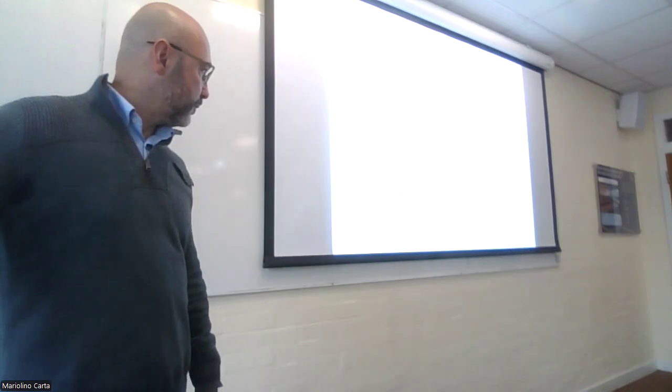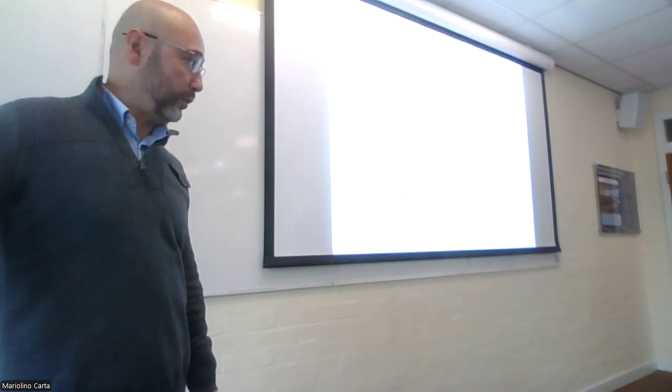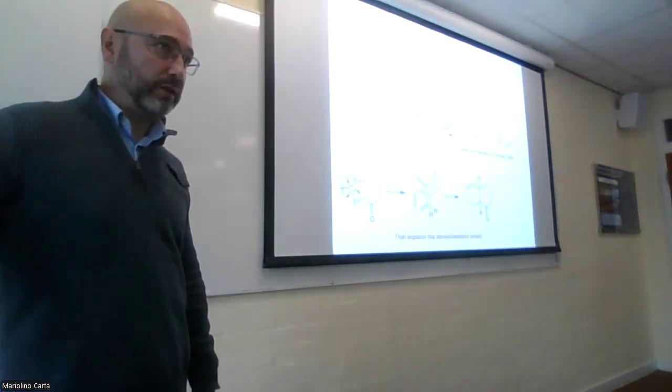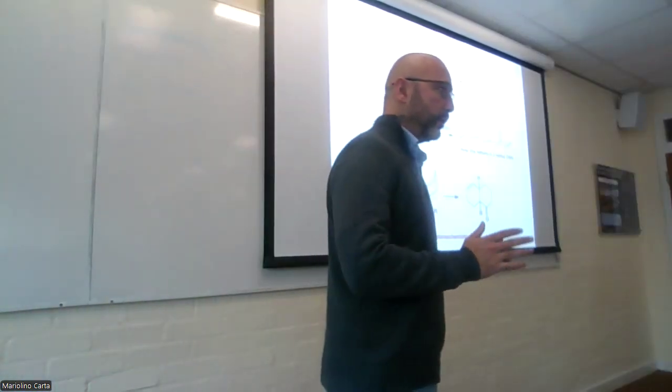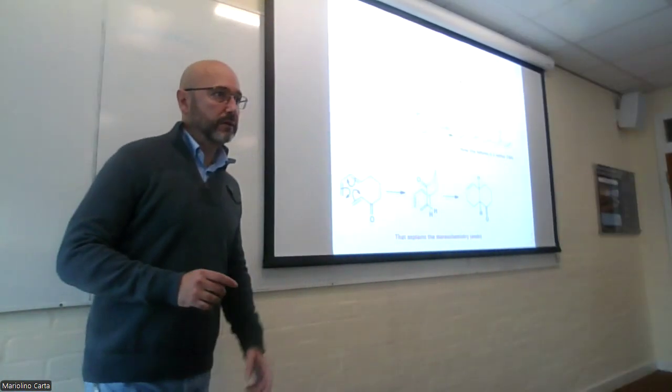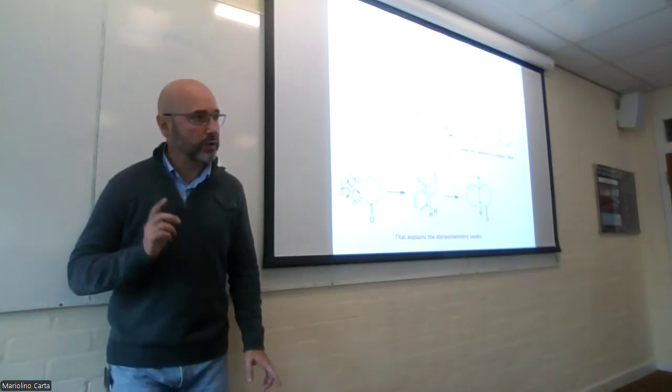This is a typical Diels-Alder, so the product is endo. Do you remember what endo means and why the endo conformation of the Diels-Alder is so important? Did you see it in the video?